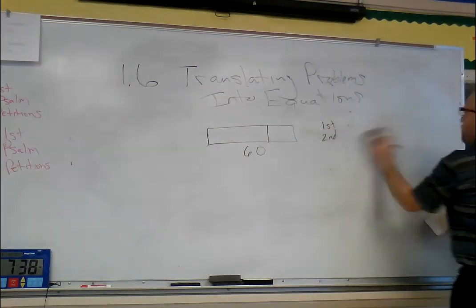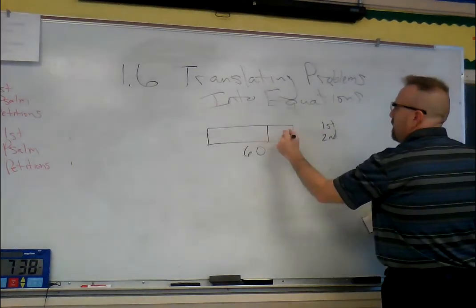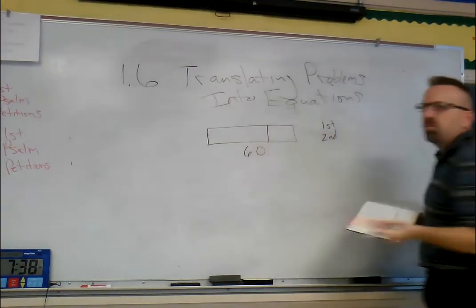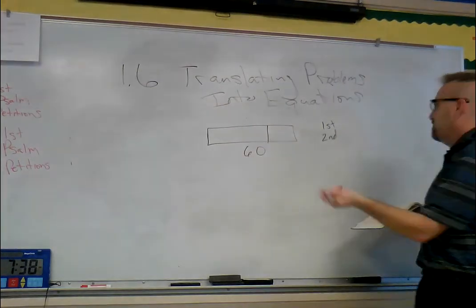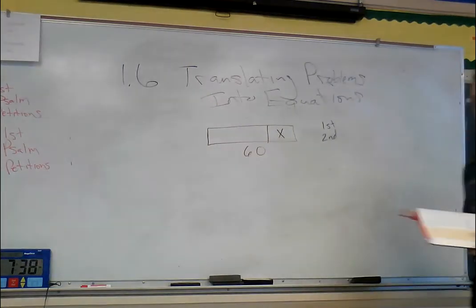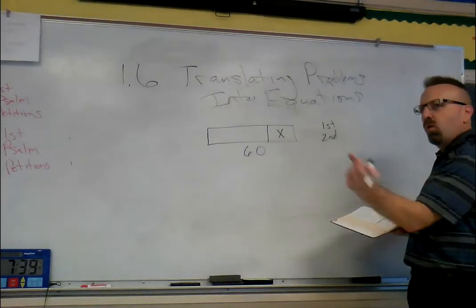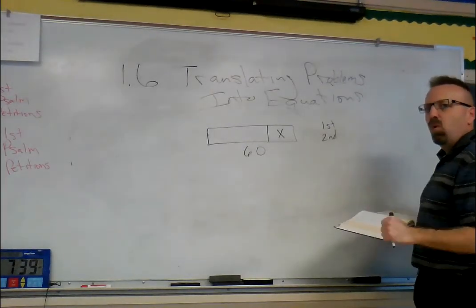One piece is 4 inches longer than the other. So this short one, do we know how long it is? No. So it's X. The longer one is then 4 inches longer. How could we write that length? It says 4 longer, so 4 more.